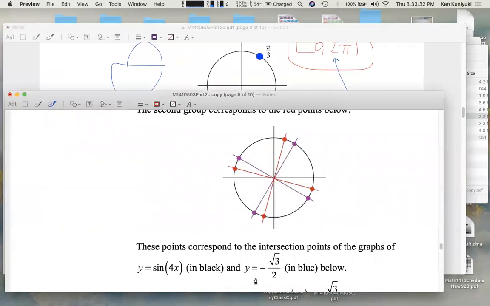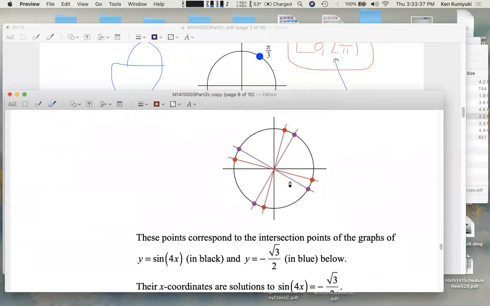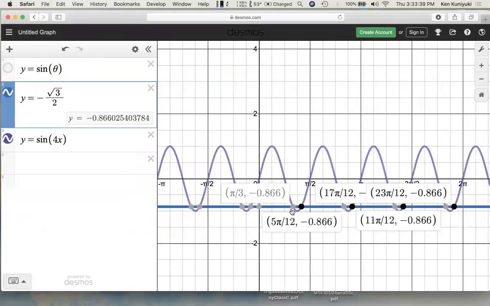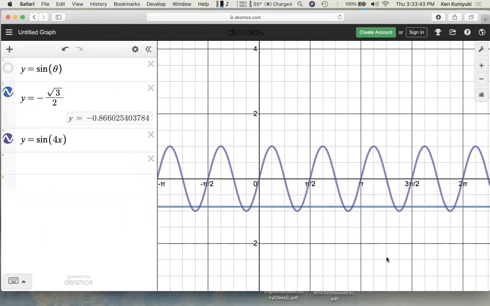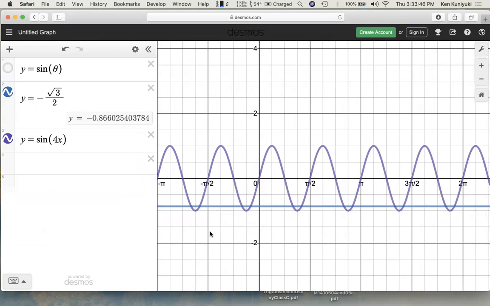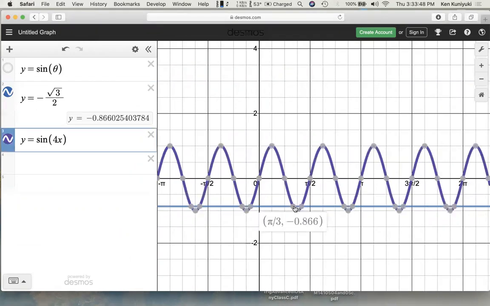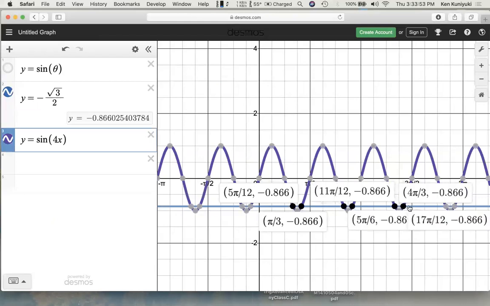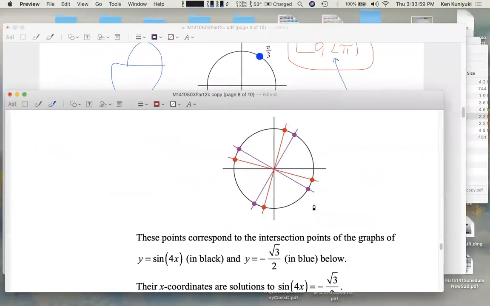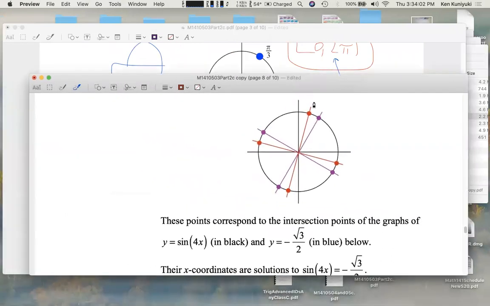So these 2 eggs here give us 8 spiders over here, corresponding to the 8 intersection points, the 8 x coordinates for the 8 intersection points between the purple and blue graphs. 1, 2, 3, 4, 5, 6, 7, 8. From pi over 3 to 23 pi over 12. More on solving trig equations next time.